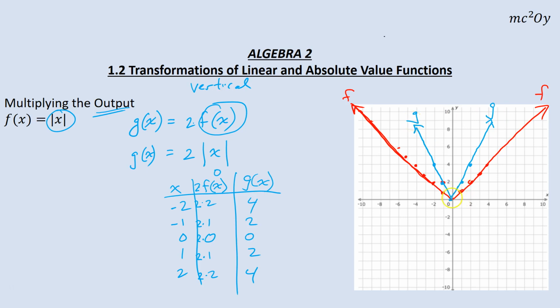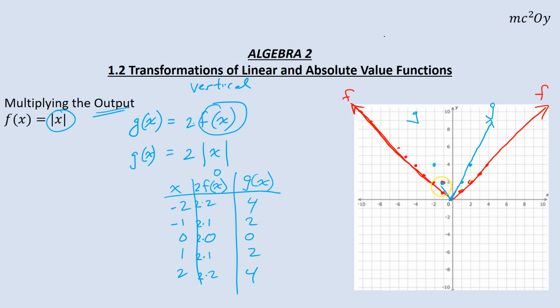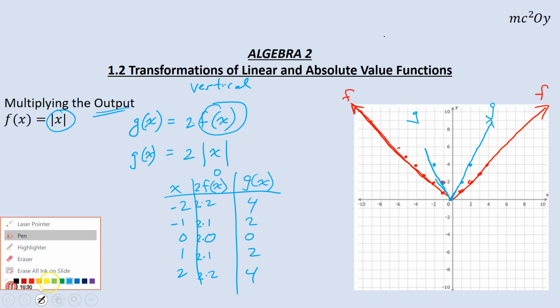And really, your graph has actually done what's called a vertical stretch by a factor of 2. And I'll show you how that looks if I can get a straight line drawn in here.